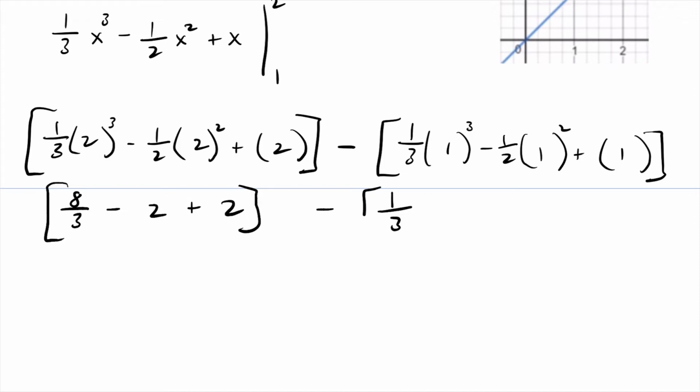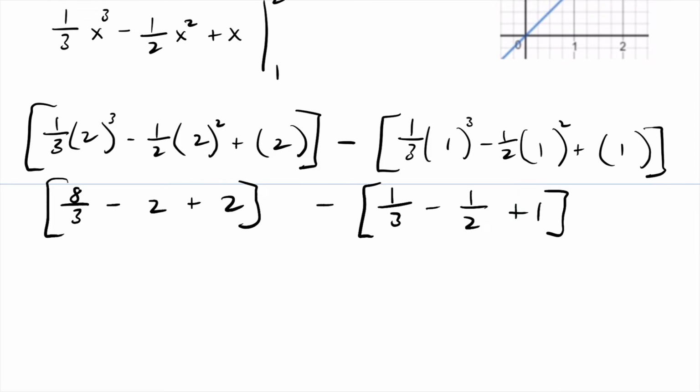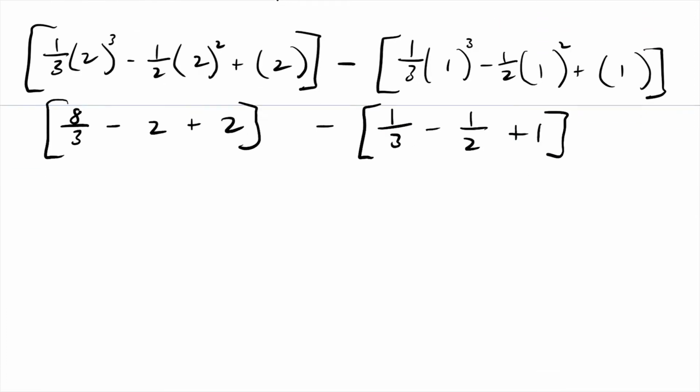Let's see, 1/3 minus 1/2 plus 1. Okay, so the 2's cancel out. Over here, 8/3 minus.